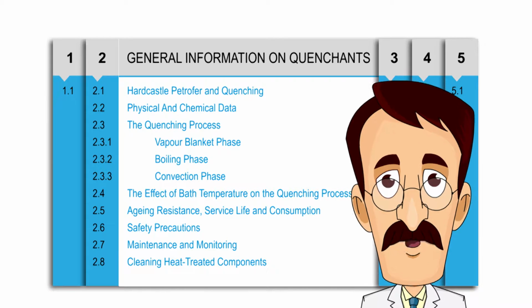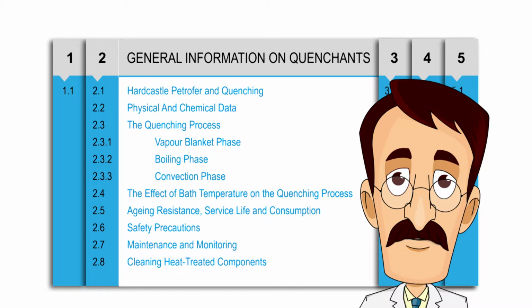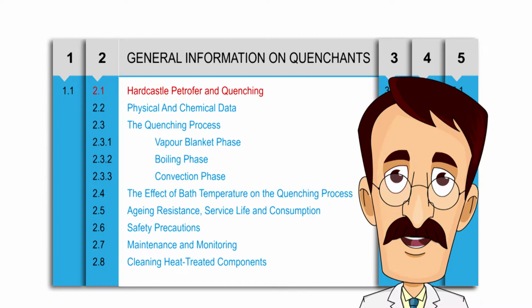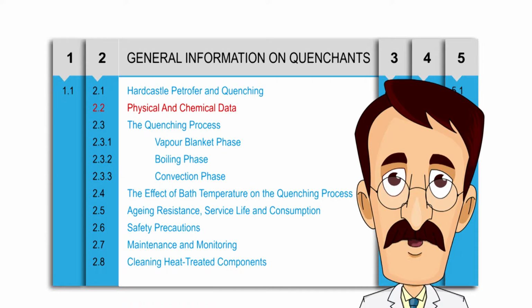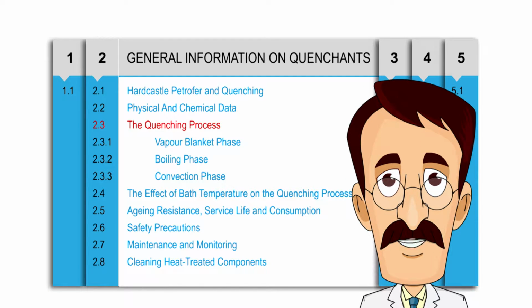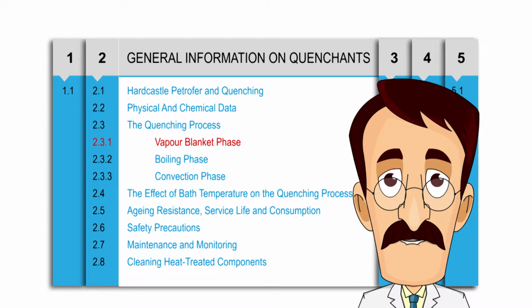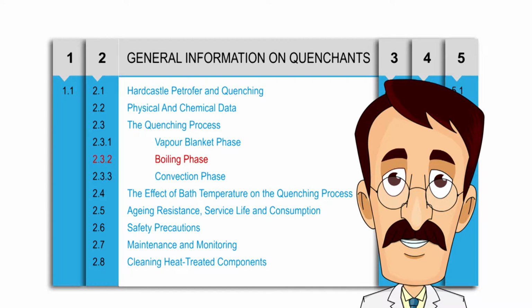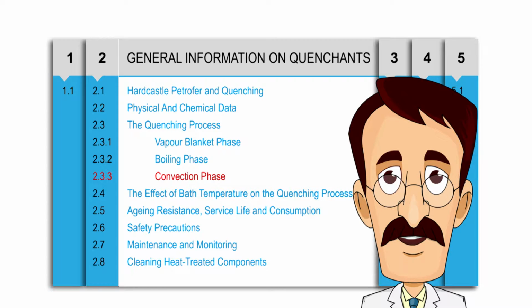Let's have an insight on the various subtopics such as Hardcastle Petrofer and quenching, physical and chemical data of the various quenchants, the quenching process including the vapor blanket phase, the boiling phase, and the convection phase.